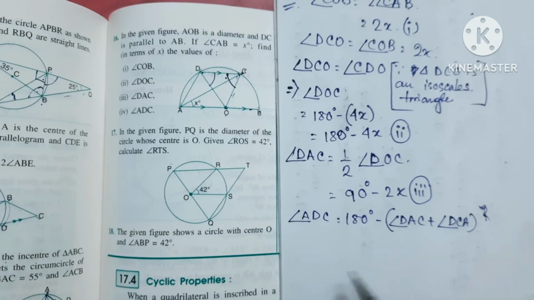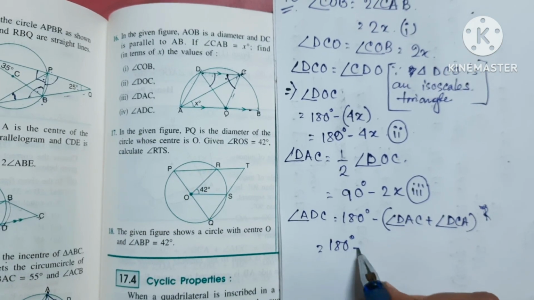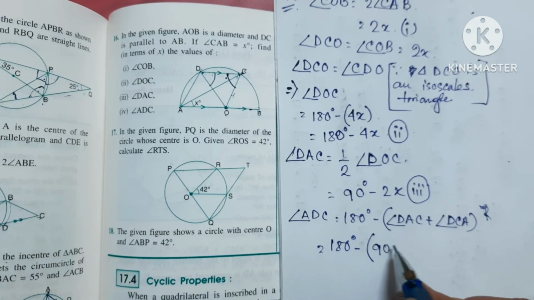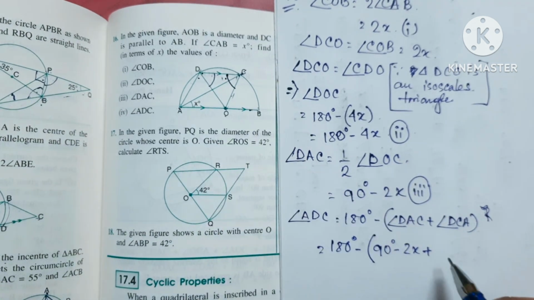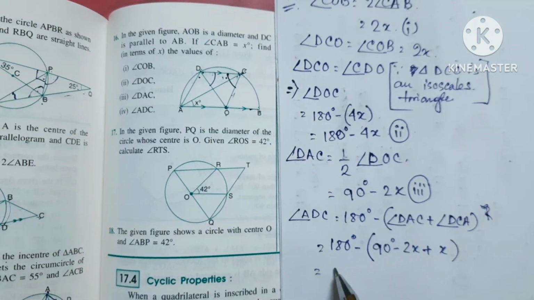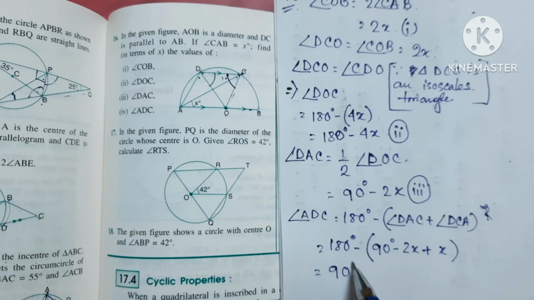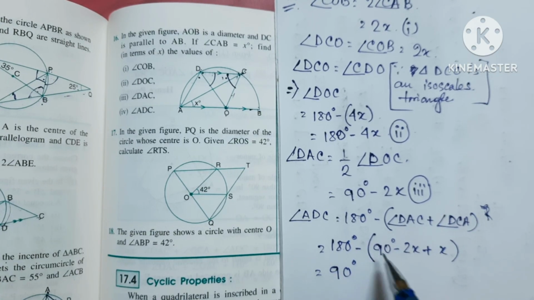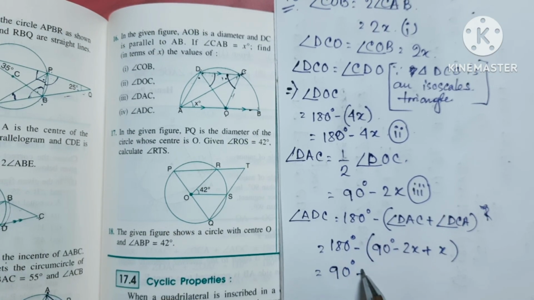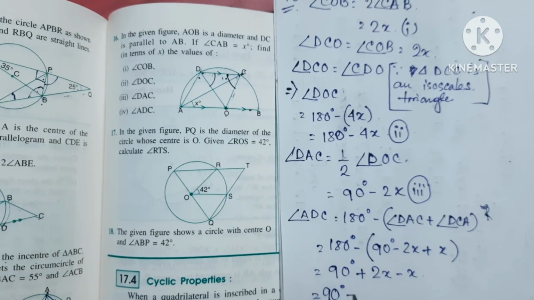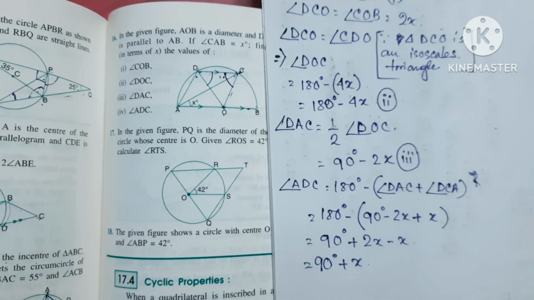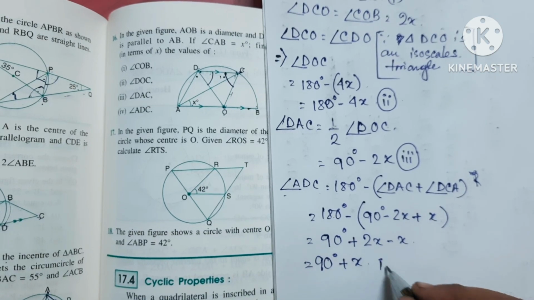Now see, this is 180 degree minus, DAC is 90 minus 2x plus DCA, that is x. So if you remove this first bracket, that will be 90 plus 2x minus x. So 90 plus x. So ADC in terms of x, this is the answer of question 4.